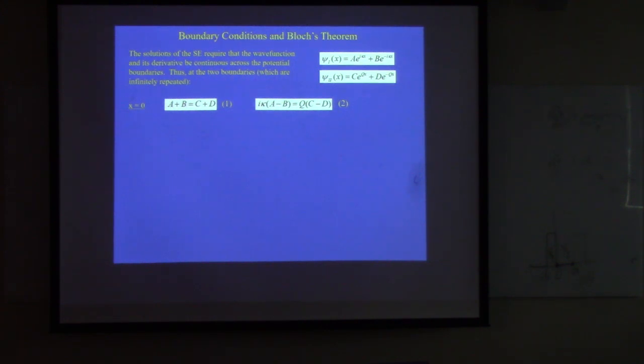Psi at x equals a means your x has to become minus b. If I put x equals minus b, then this b and this b cancel, and you get psi at a. That means psi 2 at a, which we don't know, you can write as psi 2 at minus b times e^(ik).